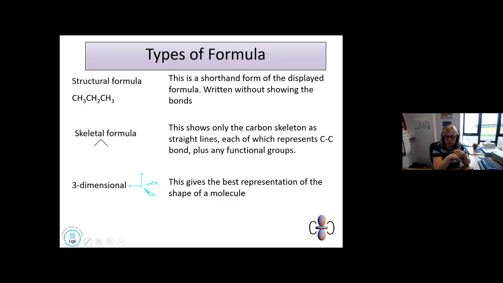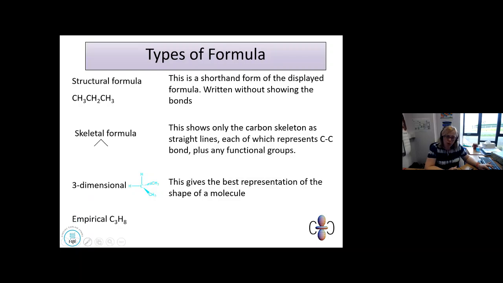Okay, so valence shell electron pair repulsion theory means that they are hardly ever planar. Most organic compounds aren't flat because what happens is that the atoms will repel each other because of the electron clouds. So they orientate themselves into a 3-dimensional shape to minimize that repulsion. So you can represent it with a 3-dimensional formula as well.